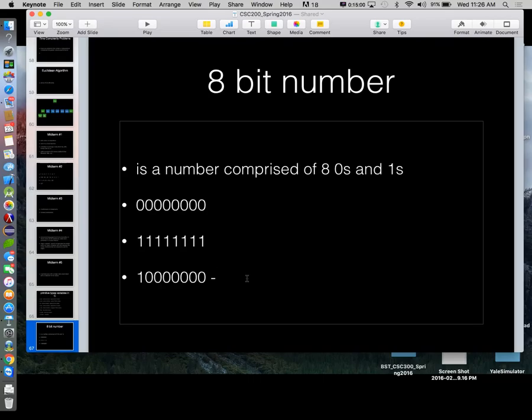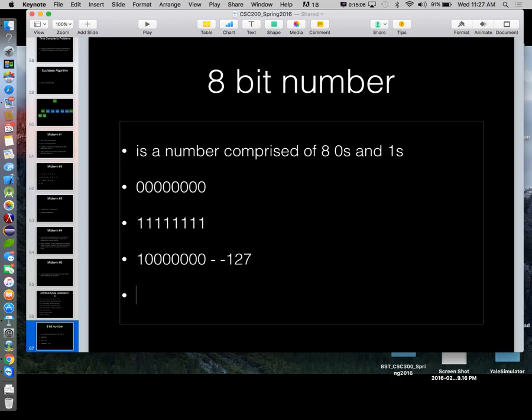But effectively, this number is negative 127. That's what that number is. As opposed to that number, which is in 2's complement form, which is the number positive 128. You have to convert it away from 2's complement form. But what's important here is only 7 of these bits are actually used.